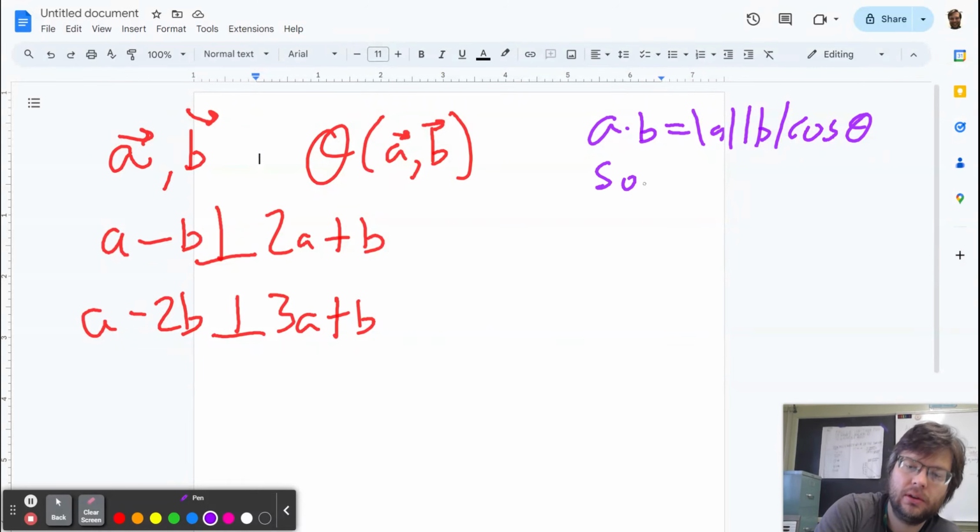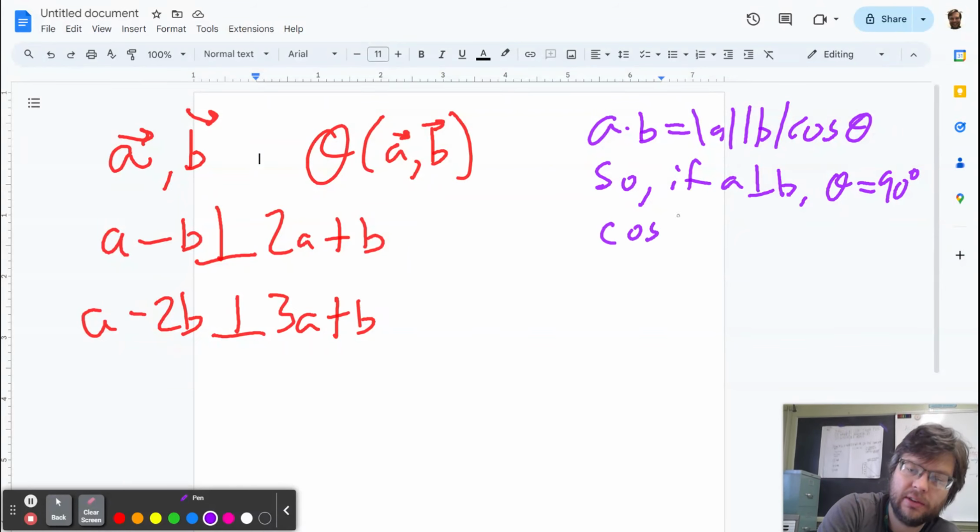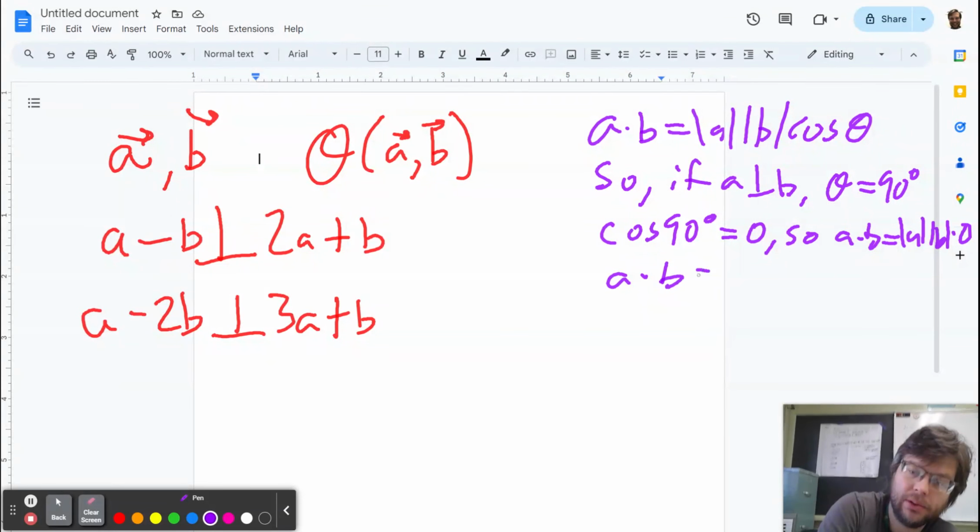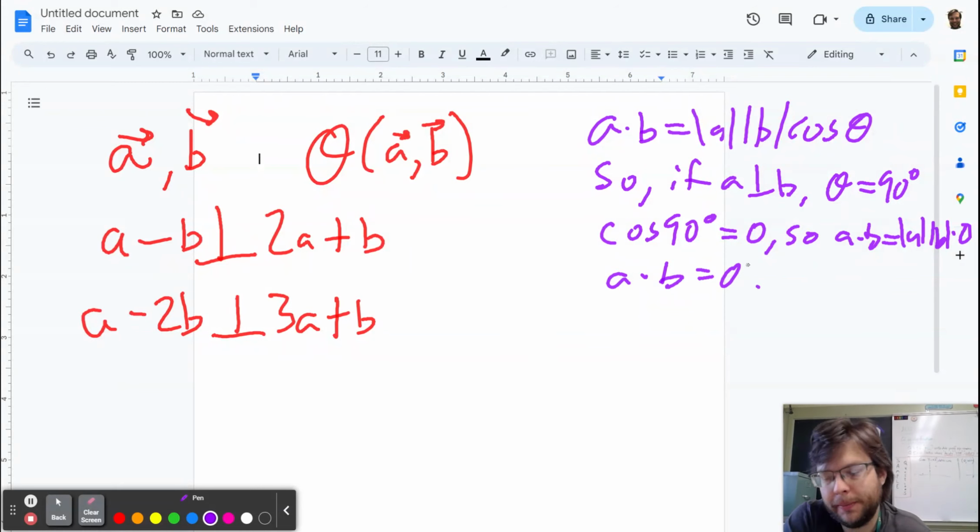So if A is perpendicular to B, then theta has to be 90 degrees. Cosine of 90 degrees is equal to 0. So A dot B equals magnitude A, magnitude B times 0. In other words, A dot B equals 0. So if they're perpendicular, then their dot product equals 0.